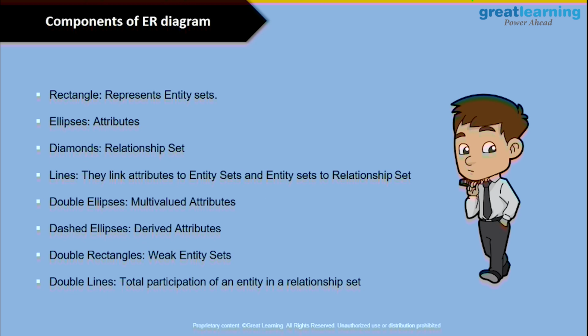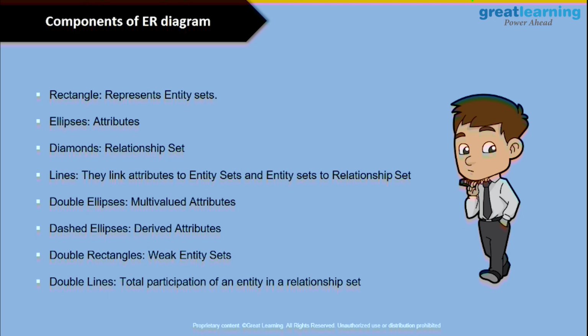Now we are going to talk about some components and how we symbolize them, right? When we use a rectangle, it represents entity sets. When we use ellipses, they are attributes. If you use a diamond, it's a relationship set.